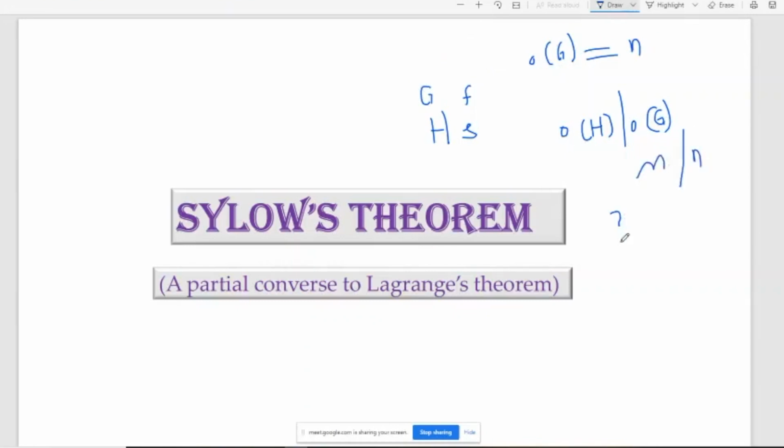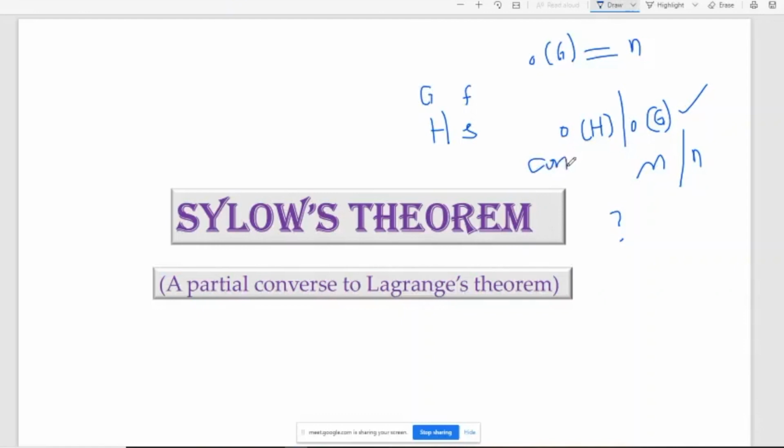The question now is, can G have a subgroup of order m? Here I know the order of H; G is finite, so the order of H definitely divides the order of G, that is Lagrange's theorem.